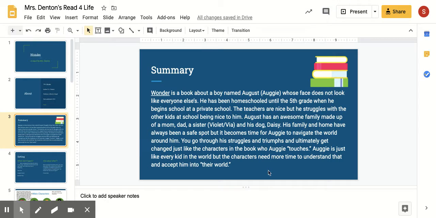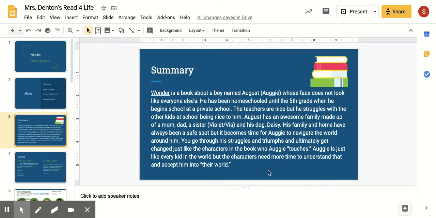His family and home have always been a safe spot, but it becomes time for Augie to navigate the world around him. You go through his struggles and triumphs and ultimately get changed just like the characters in the book who Augie touches. Augie is just like every kid in the world, but the characters need more time to understand that and to accept him into their world.